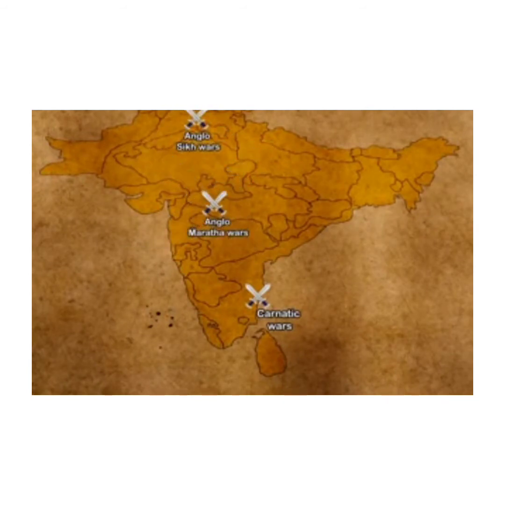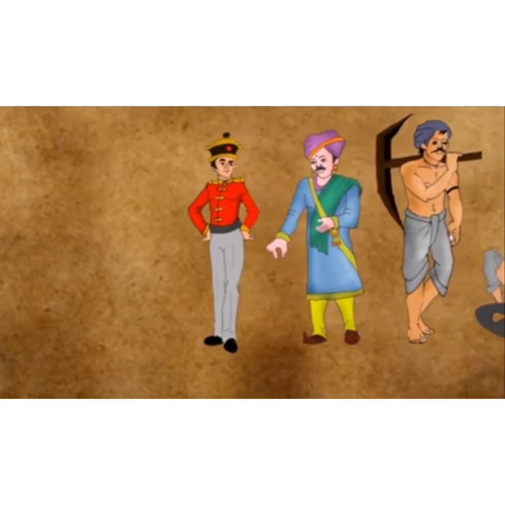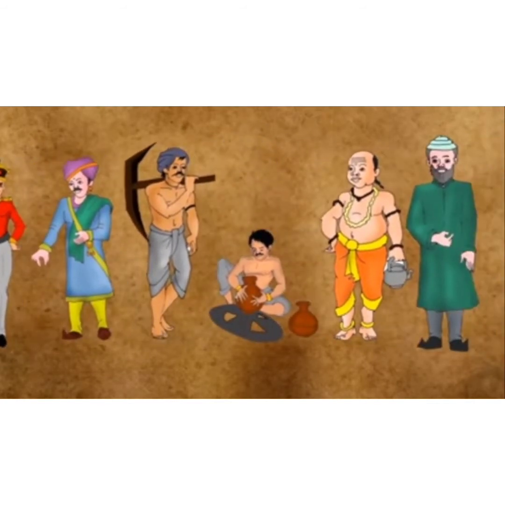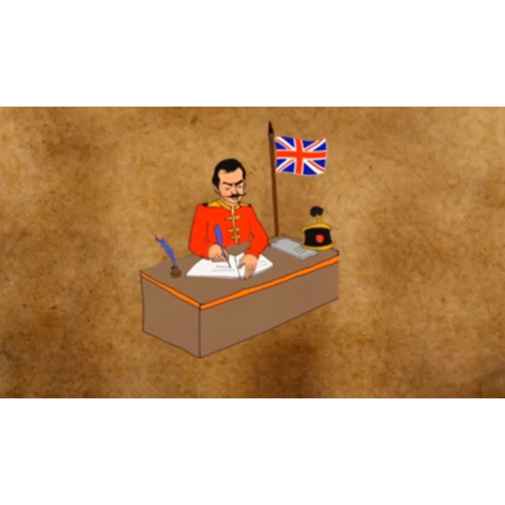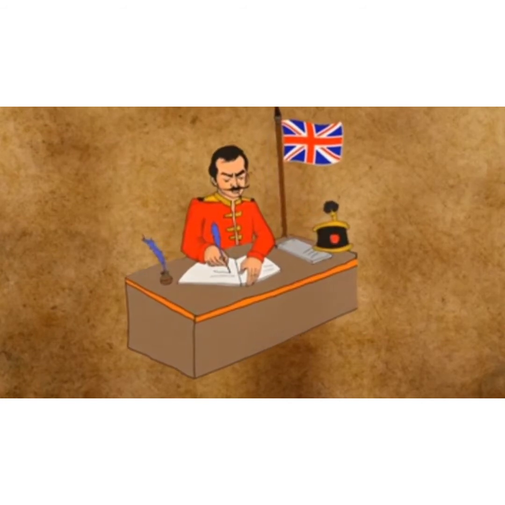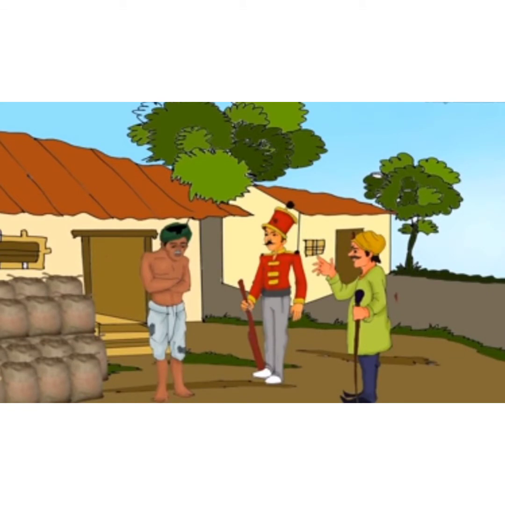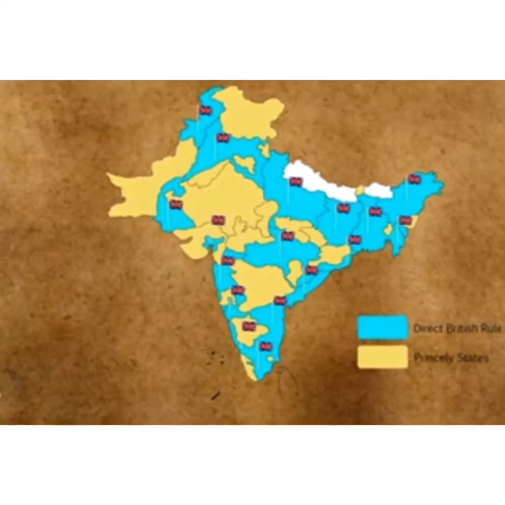Some sepoys or Indian soldiers in British service rose up in revolt against their masters. They were joined by certain native princes who felt that the British were threatening their power. Many ordinary people also became a part of this uprising, and this soon grew into a country-wide revolt.